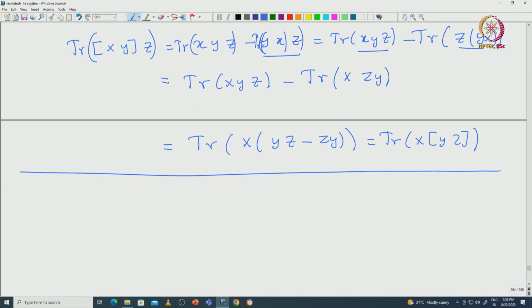So, now I will recall some important facts about nilpotent transformations, because we have already come across a lot about nilpotent transformations as well as semi-simple transformations. Semi-simple means diagonalizable. I will list out various characterizations of nilpotent transformations.